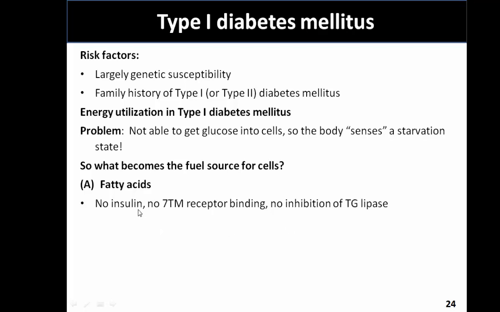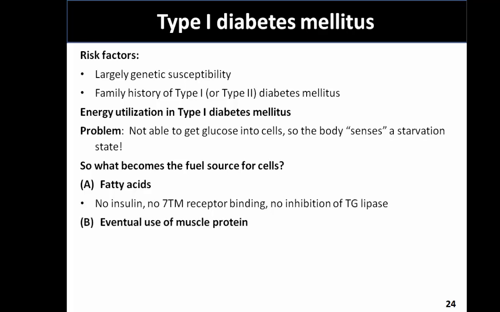But without insulin, there's no inhibition of triglyceride lipase. So many of the stored fatty acids in fat cells are broken down and released into the cardiovascular system. And so this results in an increased utilization of fatty acids as a fuel.